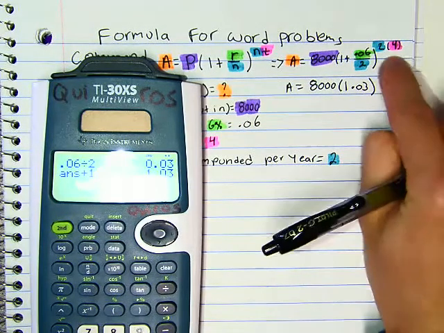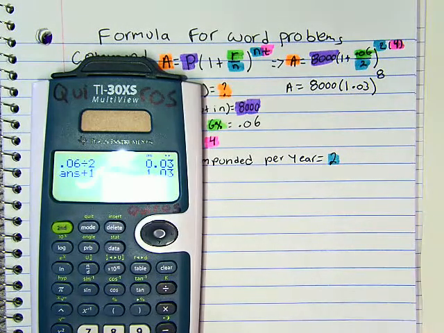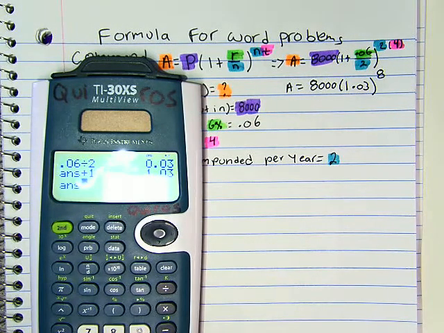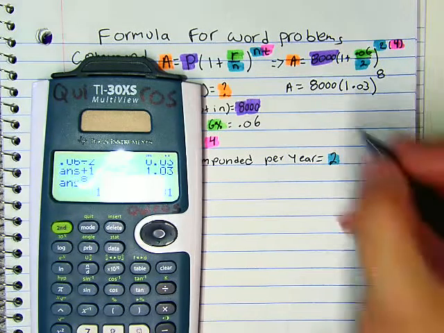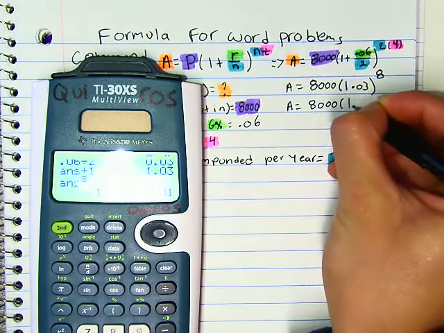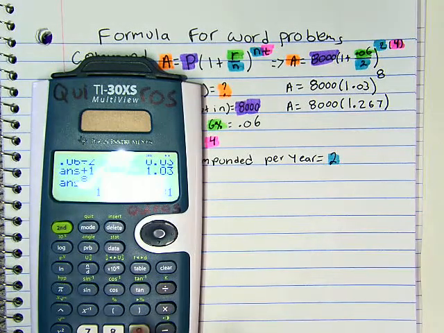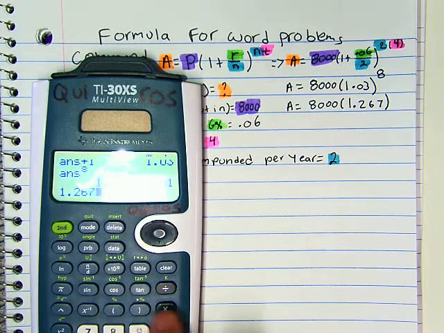And let's go ahead and multiply 2 times 4, which will give us 8. So from there, we're going to take this to the 8th power, and we get A is equal to 8,000 times 1.267. We'll go ahead and round, and we'll do 1.267 times 8,000.